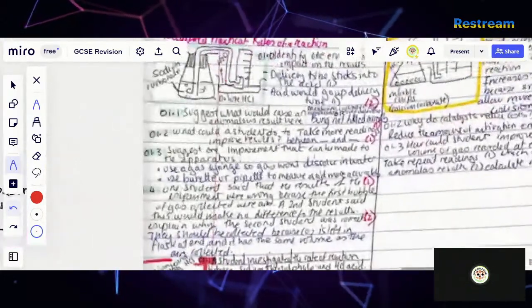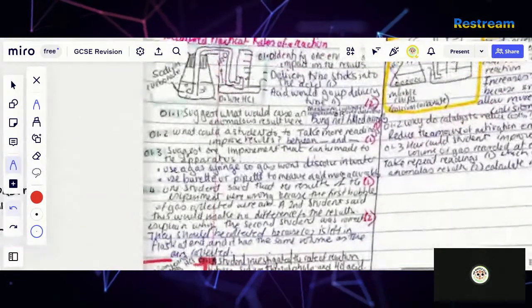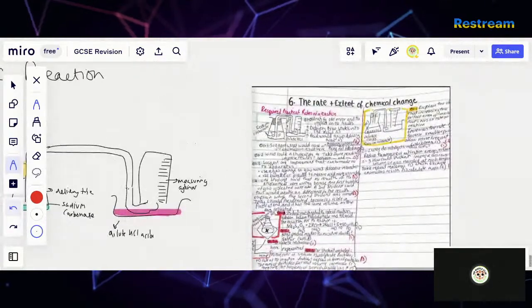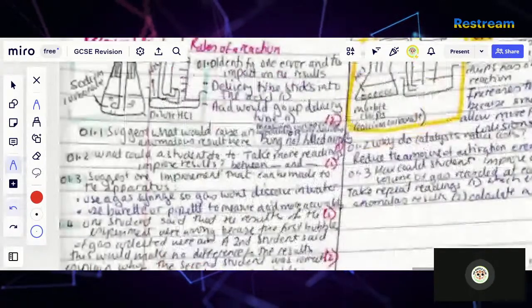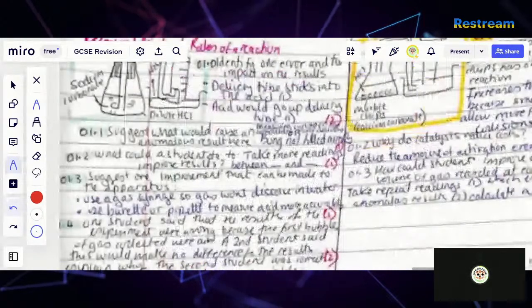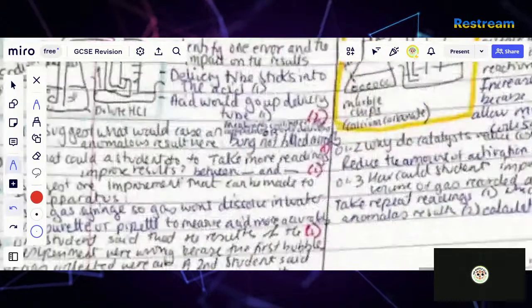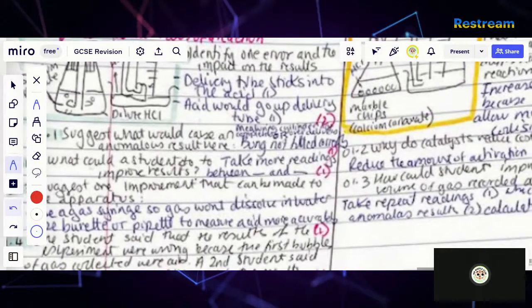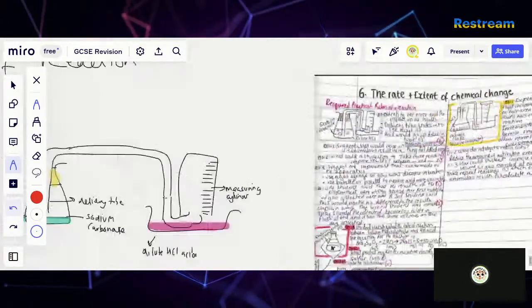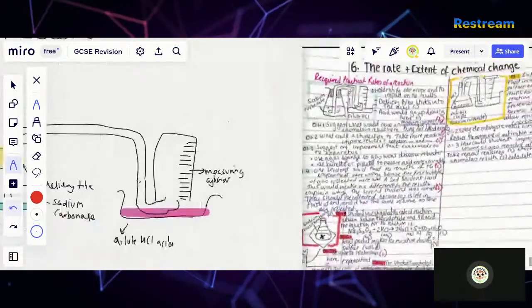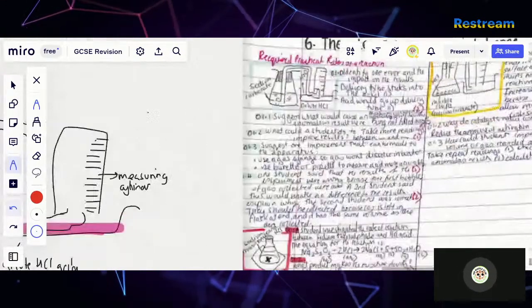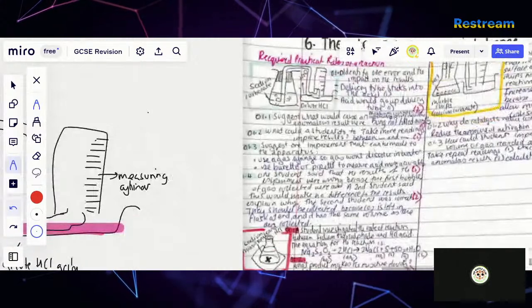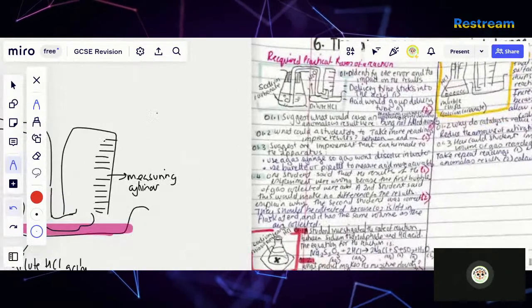Now, what would cause an anomalous result in this situation is when the measuring cylinder is not completely over the delivery tube, or that the bung is not fitted correctly.